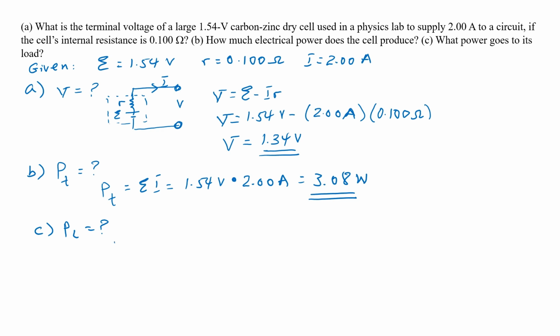So PL is going to be total power minus power dissipated by the internal resistance. Power of the load is equal to total power minus power dropped by the internal resistance, which is I squared R.